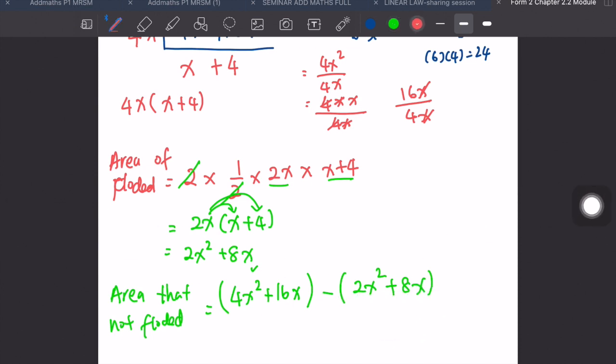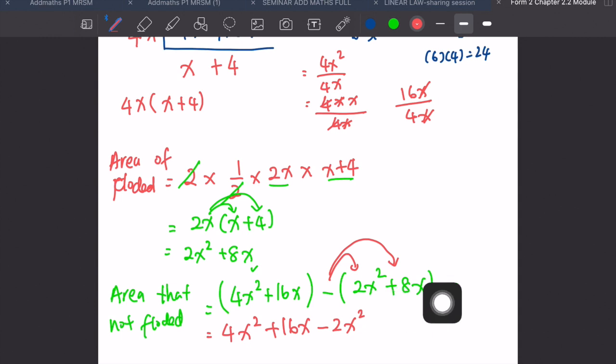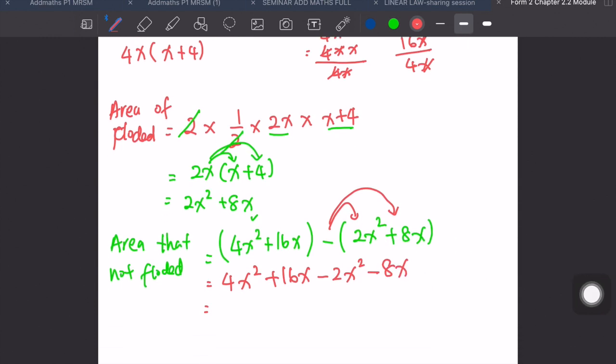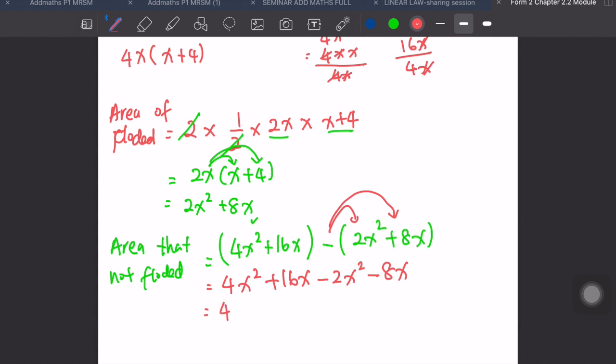Okay, next, nak buka kurungan negatif tu kita darab masuk. So 4x square plus 16x. Negatif darab positif negatif, negatif 2x square. Negatif darab positif negatif, negatif 8x. Next susun: 4x square minus 2x square plus 16x minus 8x.